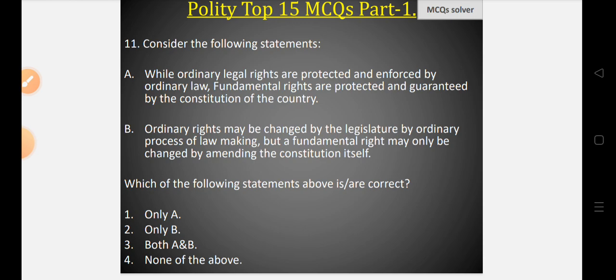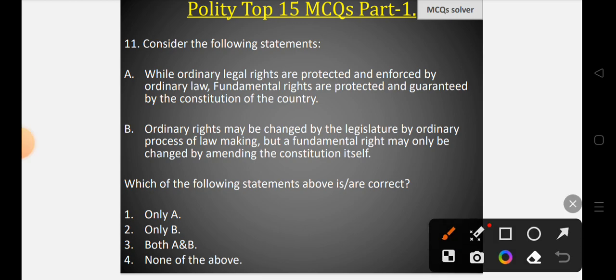Let's look into the options. Option number 1, only A is correct. Option number 2, only B is correct. Option number 3, both A and B is correct. Or option number 4, none of the above. So when we compare ordinary legal rights with the fundamental rights, by the name it suggests, it is fundamental in nature and the citizens cannot be deprived of those rights.